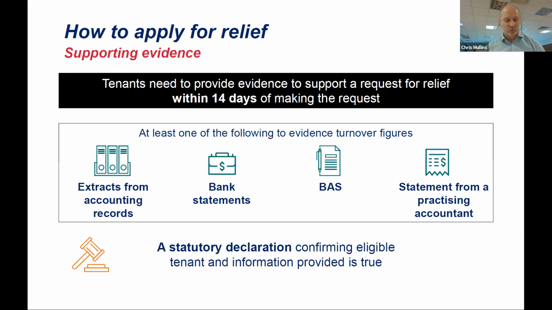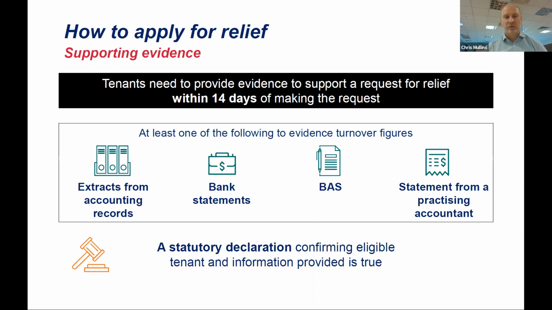The first would be extracts from your accounting records. The second is bank statements. The third would be a lodged BAS, or finally, a statement from a practicing accountant. And this is obviously something that we could assist with.